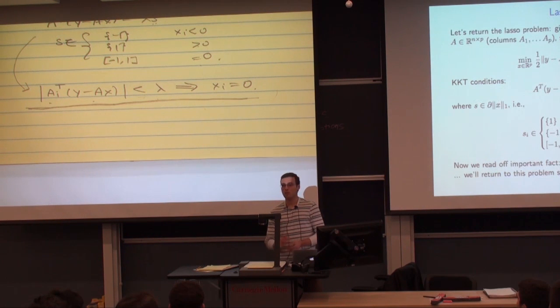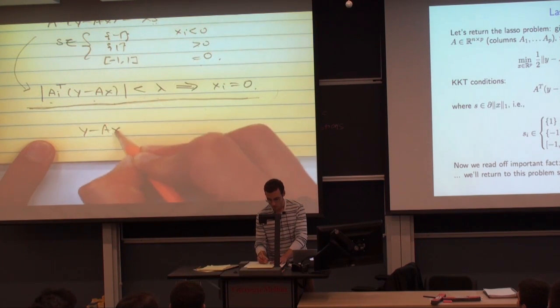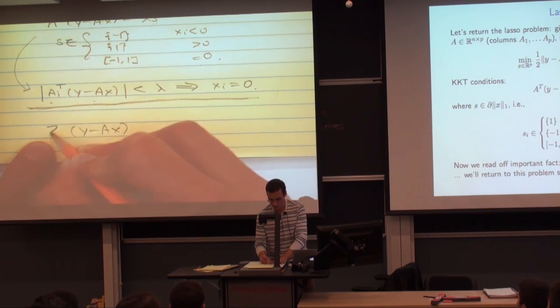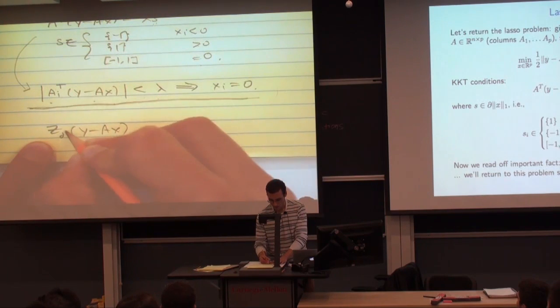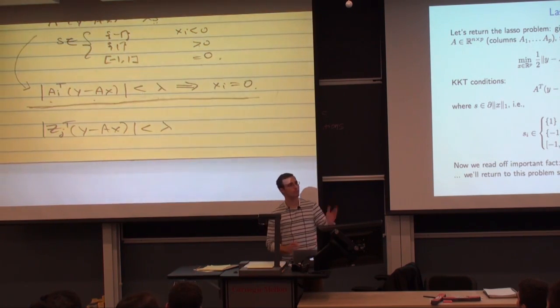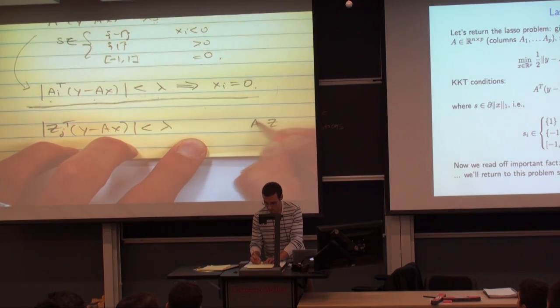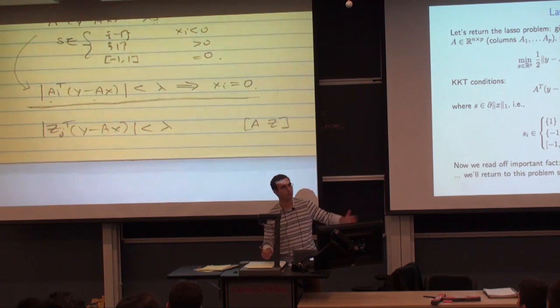Then you started adding variables to the Lasso problem that, given this Lasso residual, I'm going to think of some new variables, I'll call them z, that satisfy this. I just picked twice as many variables z that satisfied that. Then you know, without even solving the Lasso problem, that at the solution with this expanded design matrix, where I had A and z as my new design matrix, all the variables in z are going to be 0.